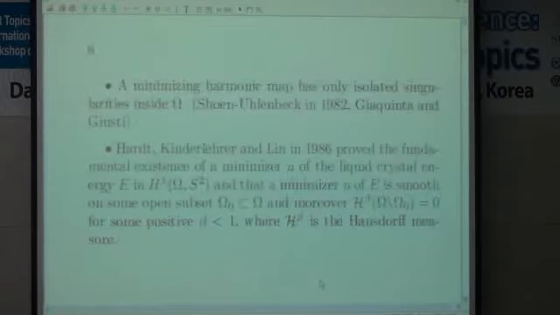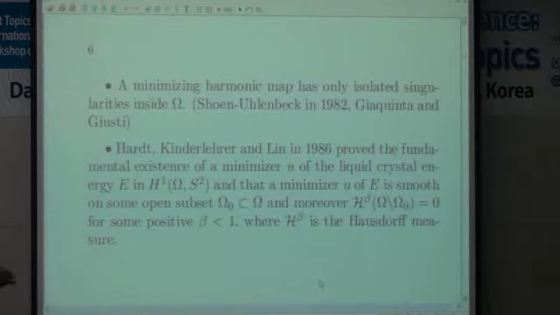So the first result is on minimizing harmonic maps. In 3 dimensions to S2, you can prove that a minimizing harmonic map has an isolated singular point, which you call the defect.